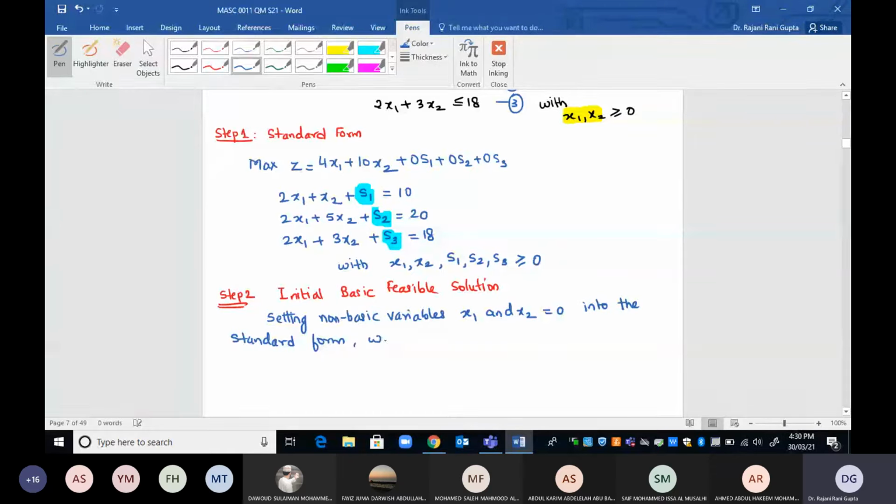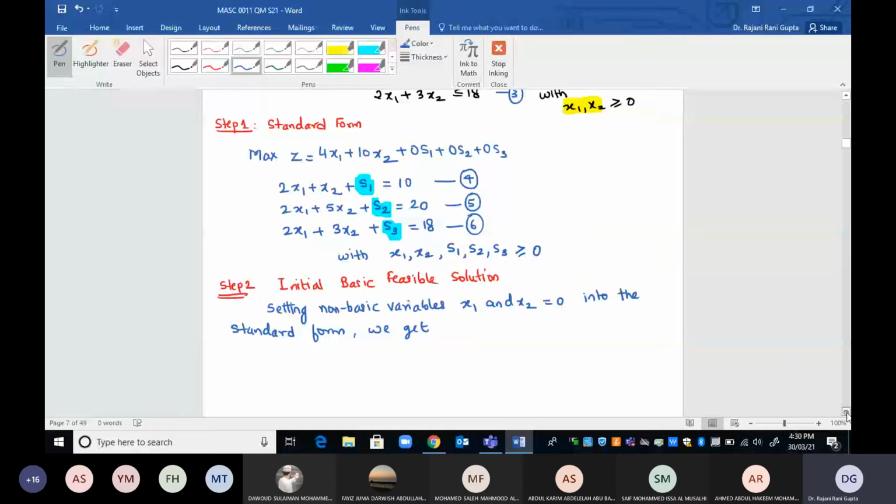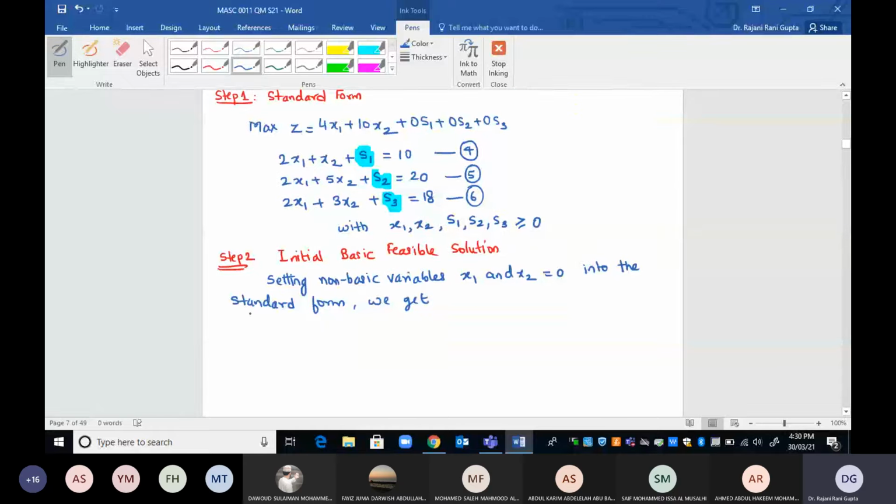Let's say this is equation number 4, this is equation number 5, this is equation number 6. So what will we get here? Equation number 4 implies that now x1 and x2 both are 0, so it gives you S1 is equal to 10. Equation number 5 will give you S2 is equal to 20. And equation number 6 gives you S3 equal to 18. So this is your initial basic feasible solution.